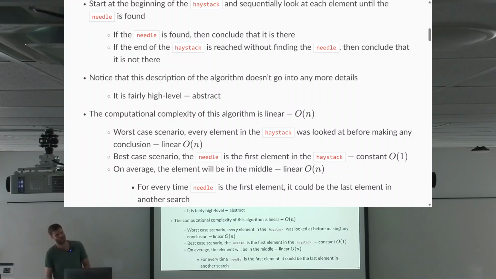And on average, the thing will be in the middle, right? Either it's there at the beginning or at the end, or the second one or the second line. On average, it'll be in the middle, but like we've talked before, if it's about halfway through n, if I have to look at, on average, half the things, that's a coefficient, and it's not about the absolute number of things. If I double it, it still grows like n.